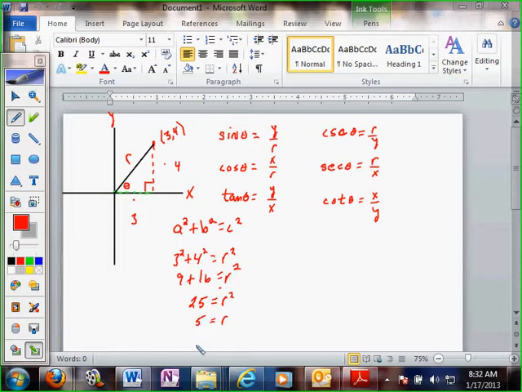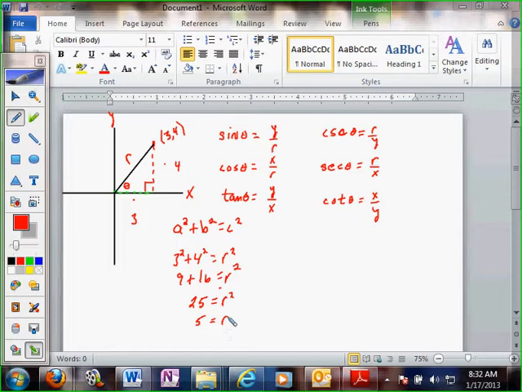Now it's plus or minus 5, but we're going to use the positive version in this case. We'll talk more about positives and negatives as we go along. r will be positive, but other values can be negative.